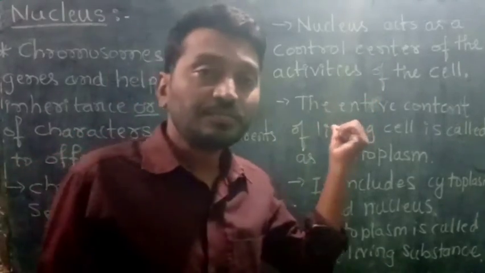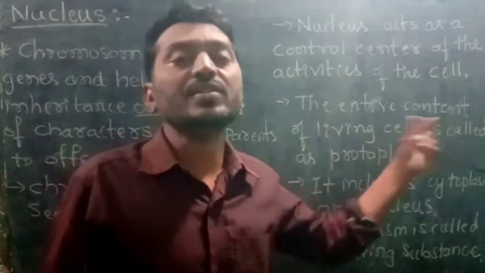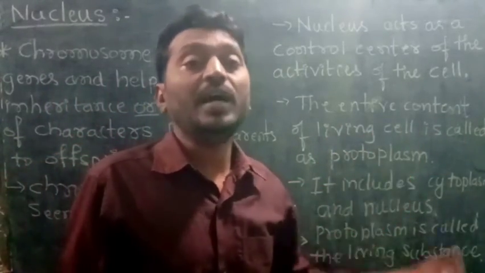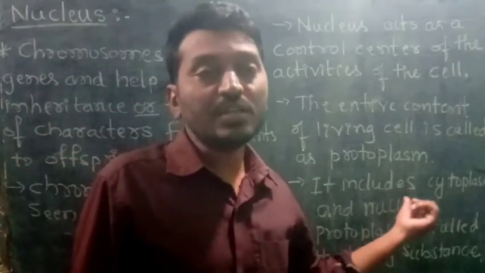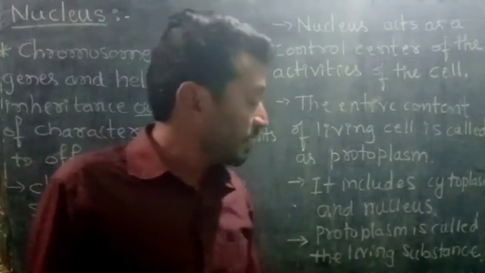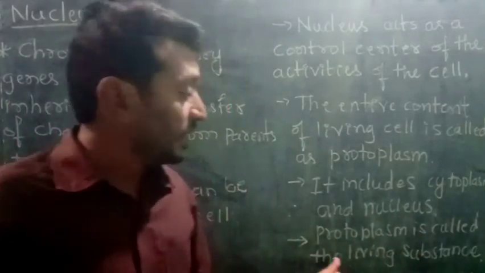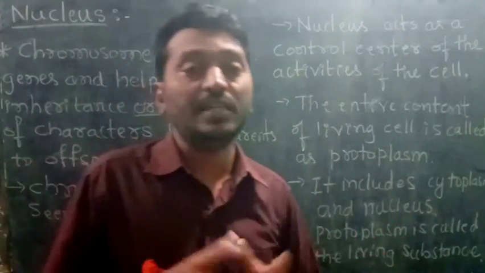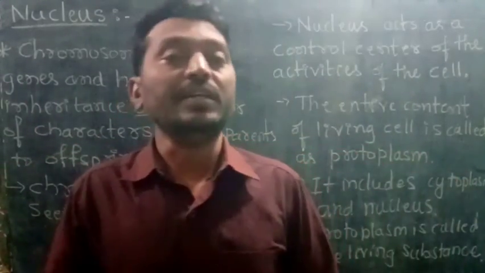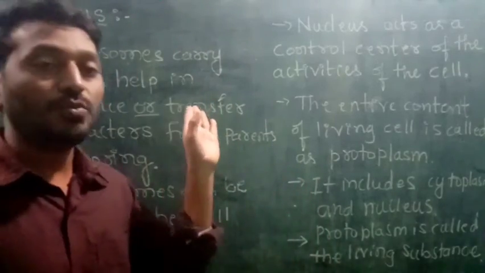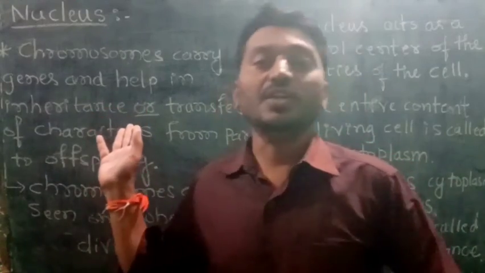And also, the entire content of a living cell is called protoplasm. Protoplasm contains the nucleus as well as the cytoplasm. The protoplasm is also called the living substance of the cell. So today we discussed some points about chromosomes and genes, as well as the main concept, the nucleus.